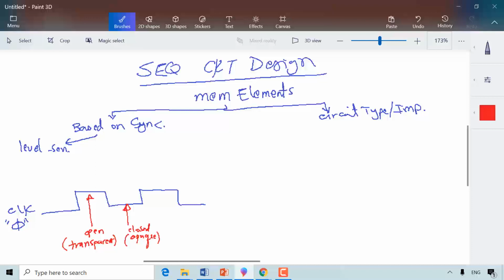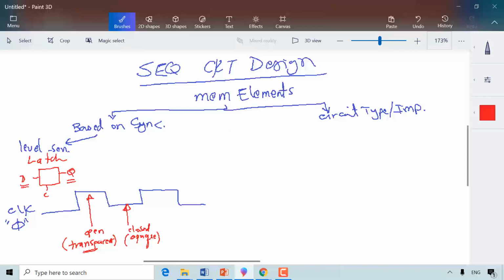Then we say that this element is level sensitive, and we refer to it as a latch. Okay. What does it mean that it's open? If we draw the latch here, we have typically a clock and an input, let's say D, and the output Q. Open means that the Q changes when D changes.